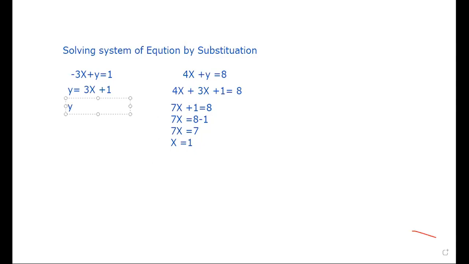Then y equal 3 times 1 plus 1. It's 3 plus 1 equal how many? Equal 4. So the answer for this system is the ordered pair 1 and what? 1 and 4. Right? And you can check your answer in both equations.